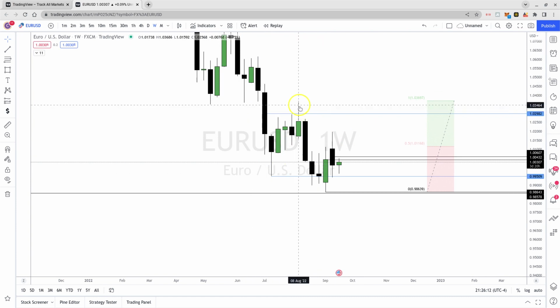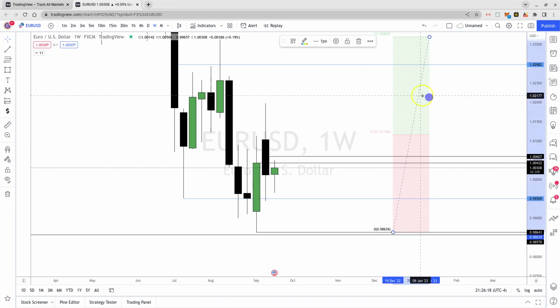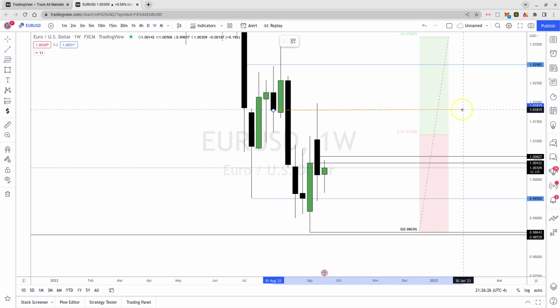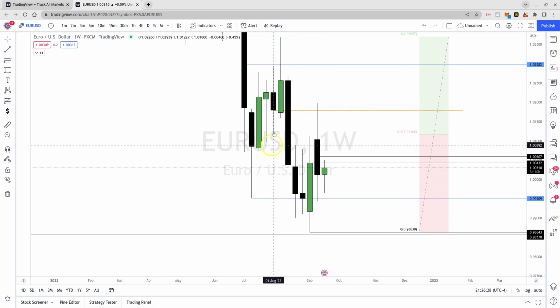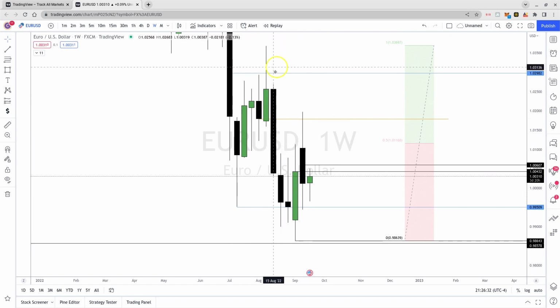We're balanced here, and all of this is balanced. The only PD array left, right, would be this old low, okay? So I would expect price to reprice to that old low because we've already come to a breaker, right? On the premium side, we've priced to this breaker here, okay? And also this order block, we filled in this imbalance, okay? So we'd anticipate that price will reprice lower to take out this low.